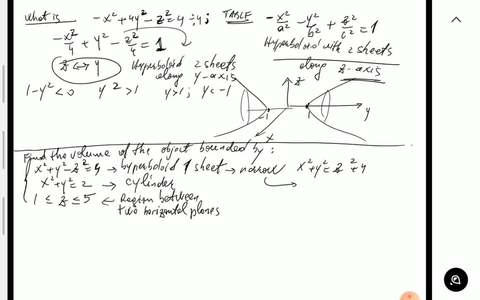So the narrowest horizontal trace is actually a circle in this case, x squared plus y squared equals 4. Usually it's an ellipse, right? But in this case it's an actual circle. The horizontal trace for a cylinder is going to be a circle of radius square root of 2. So that tells me that the cylinder is actually inside the hyperboloid.